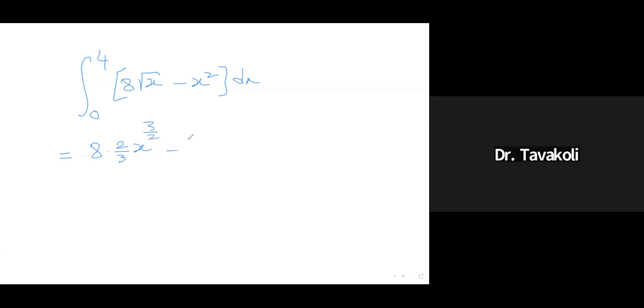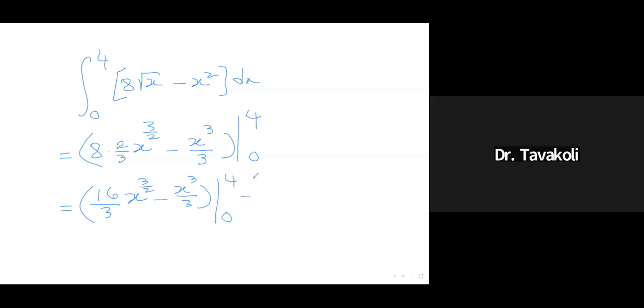The antiderivative of x squared is x cubed over 3. And then I need to evaluate at these points. Just a little simplification here. It is 16 over 3, 8 times 2, 16 times x to the power of 3/2 minus x cubed over 3, evaluated at these end numbers of the integral.